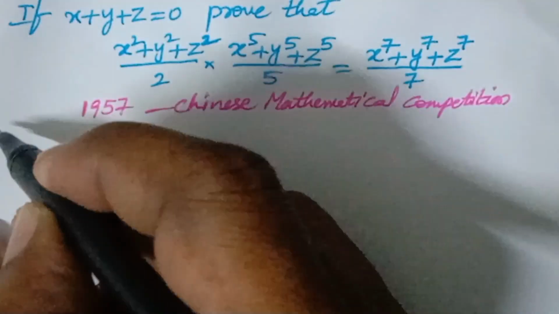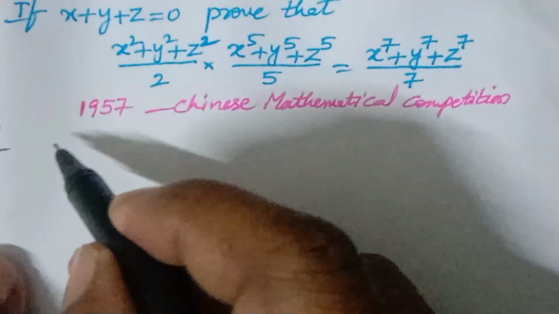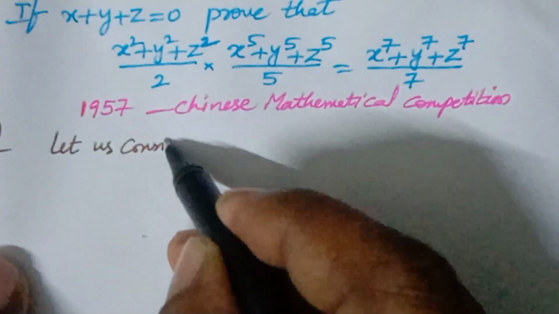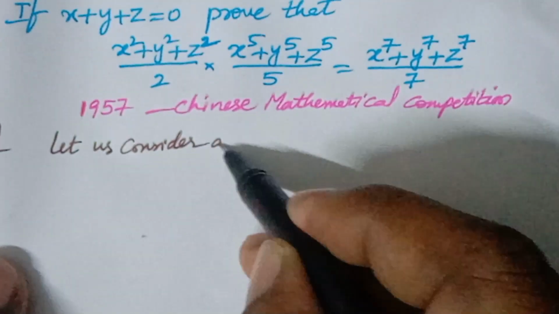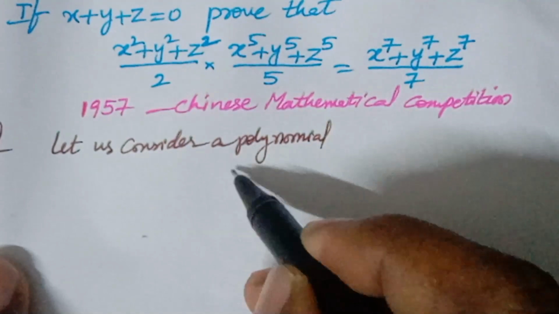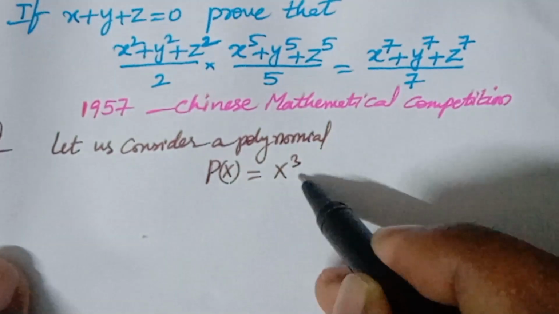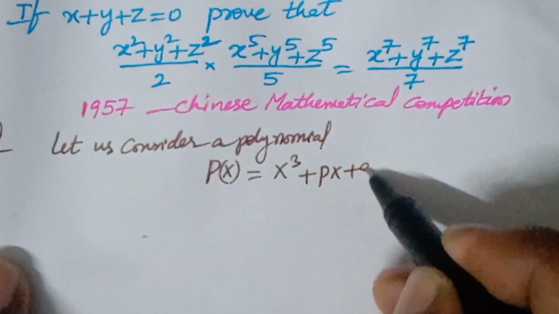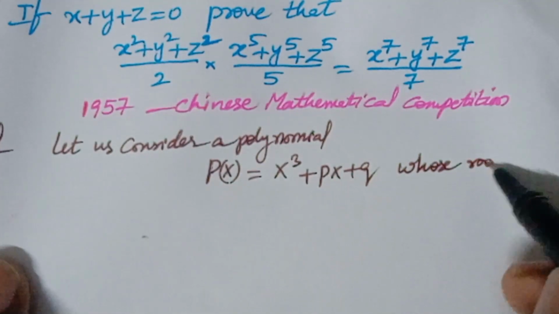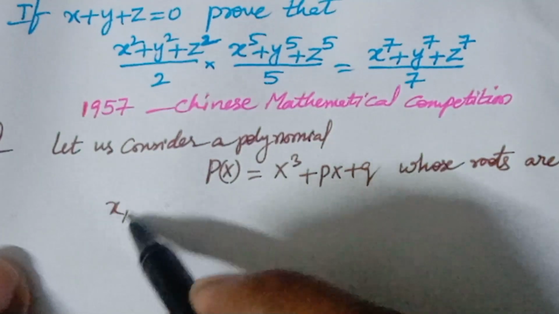So here, first of all, you will write: let us consider a polynomial p of x is equal to x cube plus px plus q, whose roots are x, y, z.